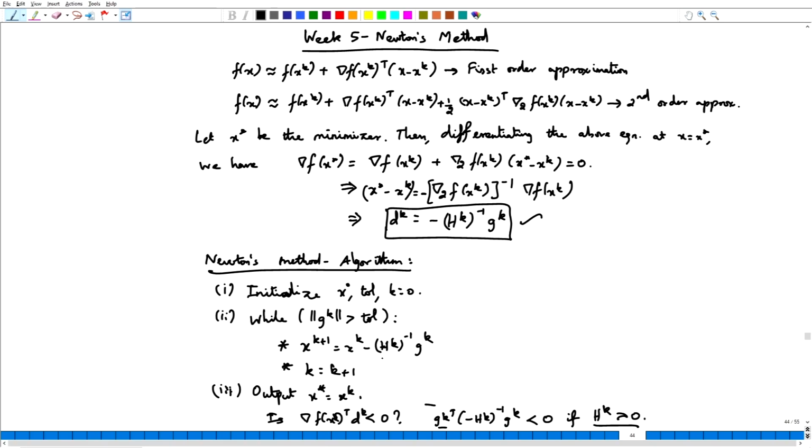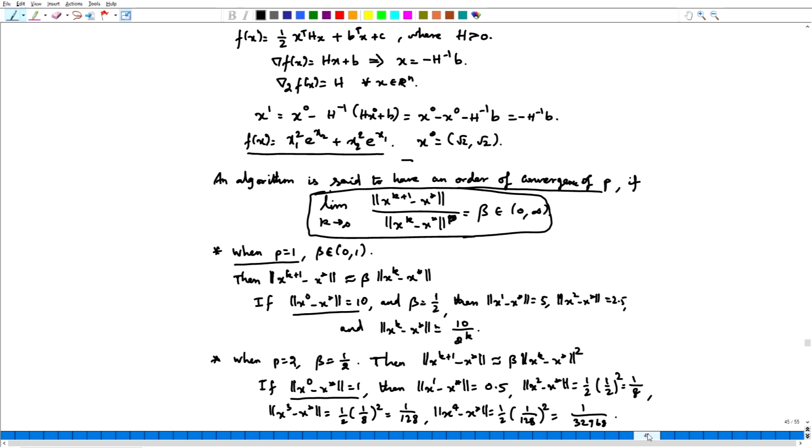You just choose dk to be minus hk inverse gk and alpha k to be 1, and that is it. It had many good properties: for quadratic functions it converged in one step, and for other functions it converges with quadratic order of convergence, while the earlier methods were of linear order.